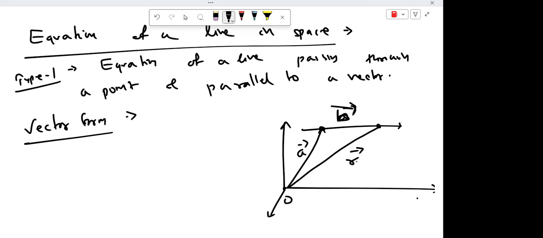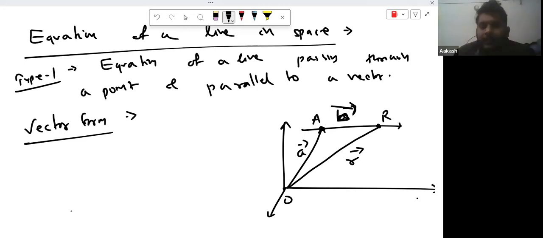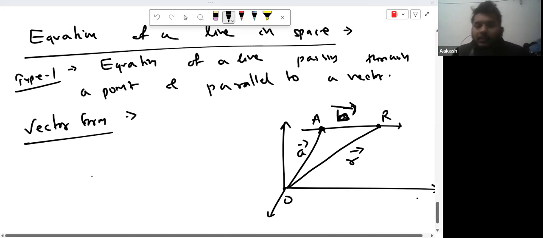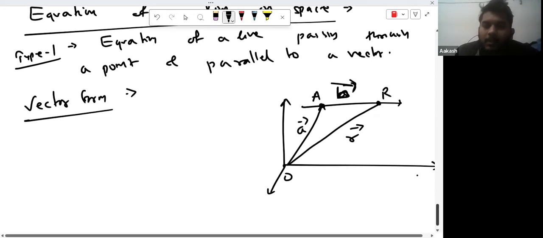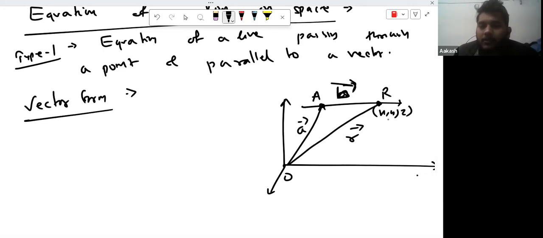Remember this, R is the random point. Whenever we write the equation of a line, we need the different coordinates. So R is any point x, y, z on this line.